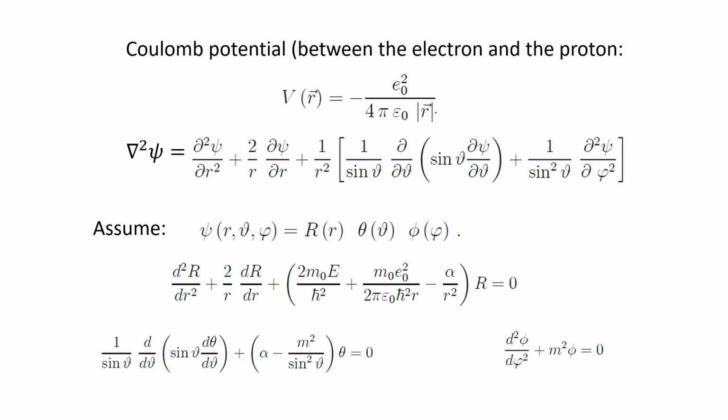So it is minus e square by 4 pi epsilon 0 r, and this r that you see in the denominator is the distance between the proton and the electron. This is the form of the Laplacian, that is the del square operator in a spherical polar coordinate system, where the r part is separate and the theta phi parts are combined.